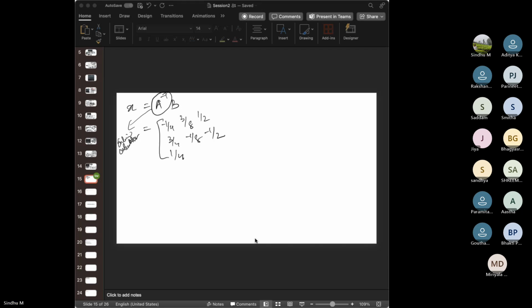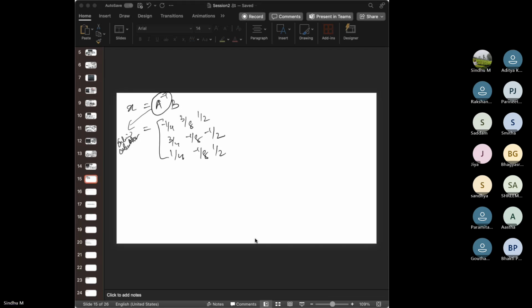And this is the B value, this one. So I'm just copying it here. I'm just substituting the values basically.